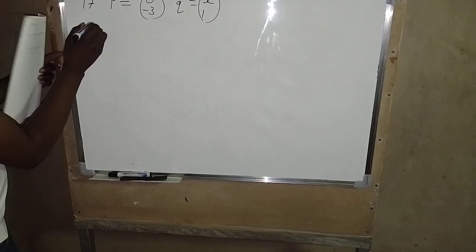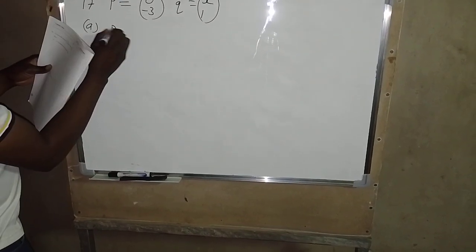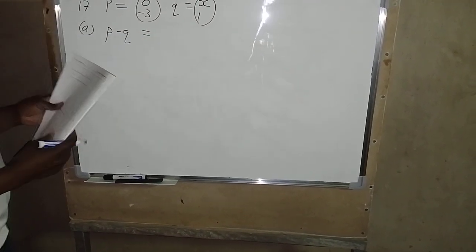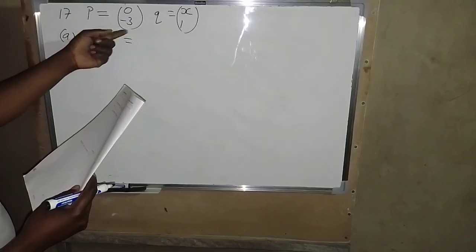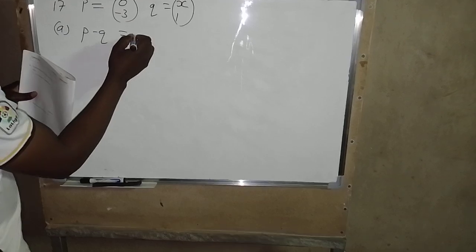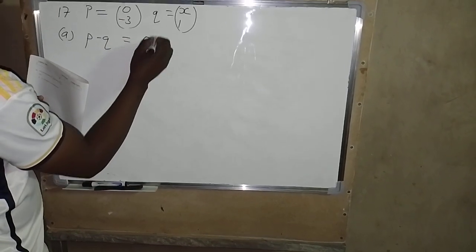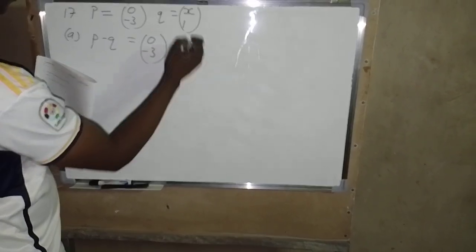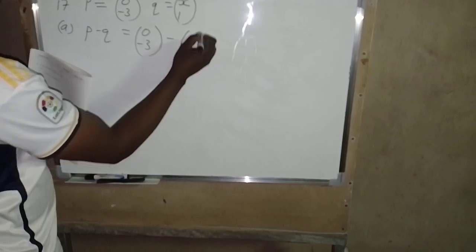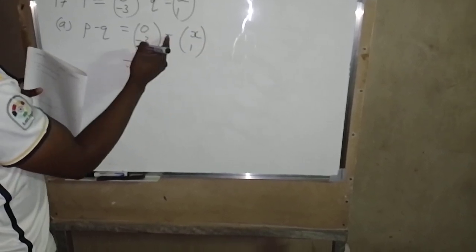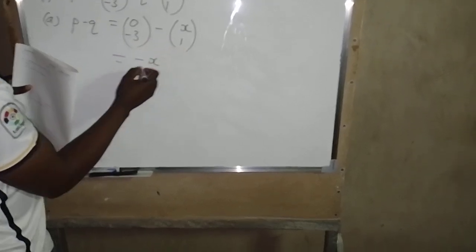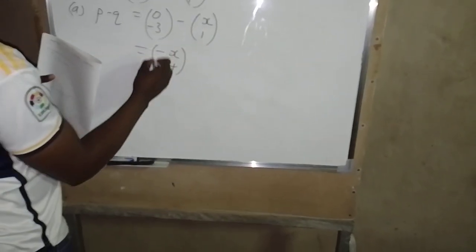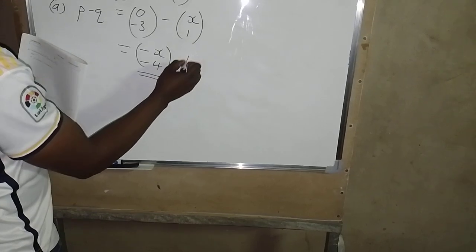So for item A, p minus q, we are taking the coordinates of p, (0, -3), and for q it's (x, 1). Then we subtract: 0 minus x, we get minus x. Minus 3 minus 1, we get minus 4. So this is p minus q for 1 mark.